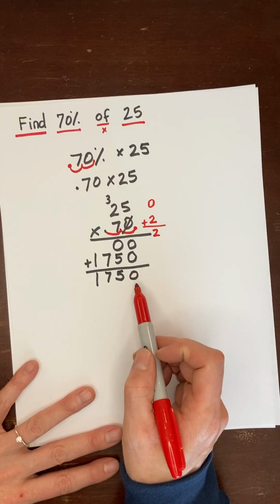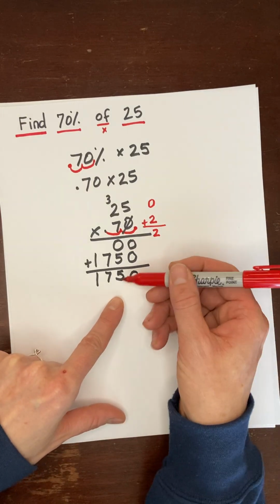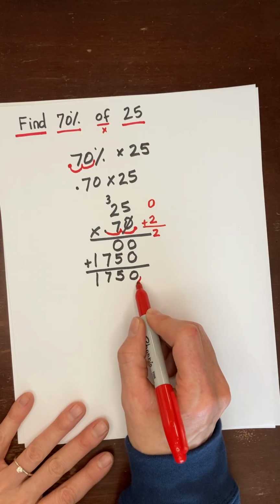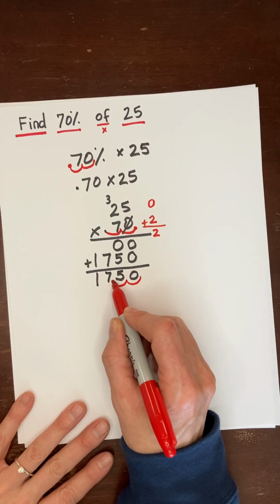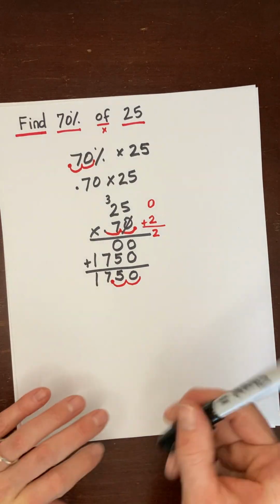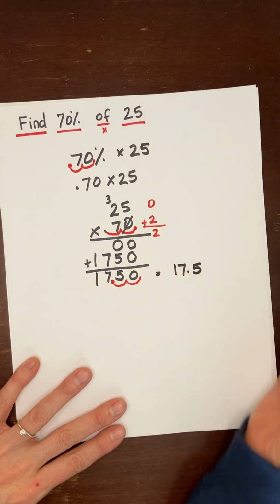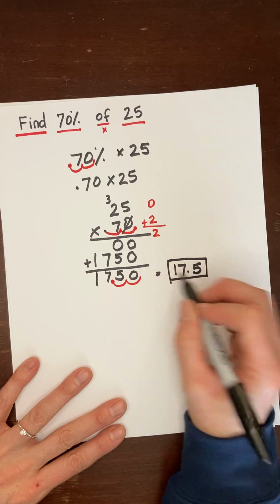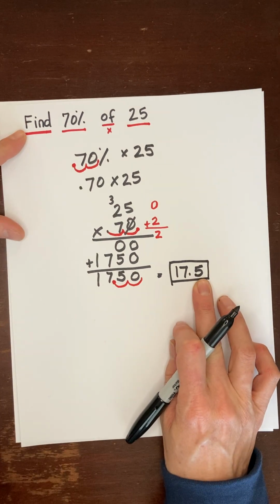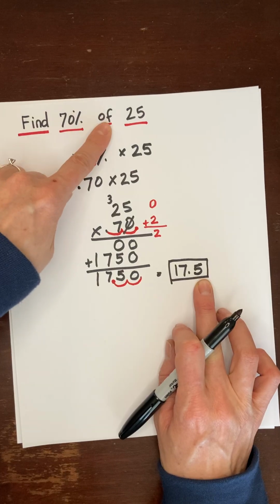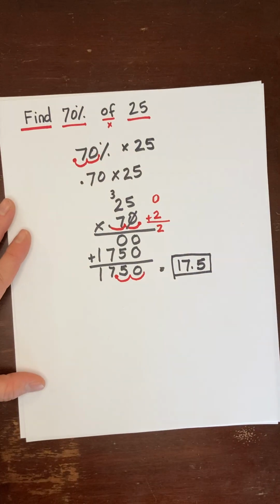It means in our final answer, we're going to go to the left 2 decimal places. So spawn a decimal at the end, go left 1, 2, and we end up there. So our final number is 17.5. If I fill in the sentence, 17.5 is 70% of 25.